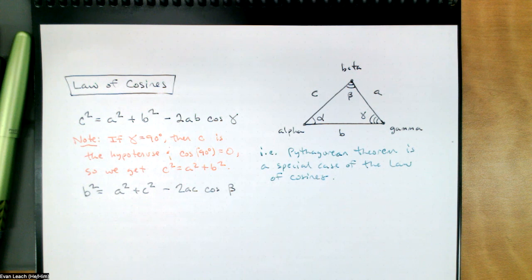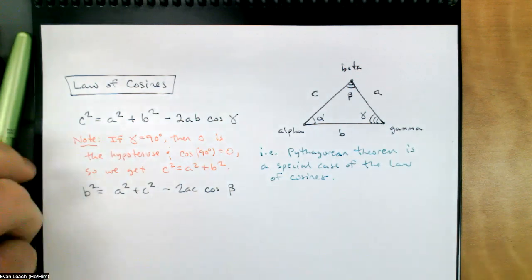So here's another version expressed with B and beta. There's another version of the law of cosines with A and alpha.